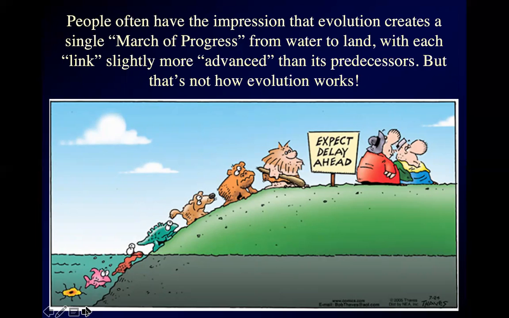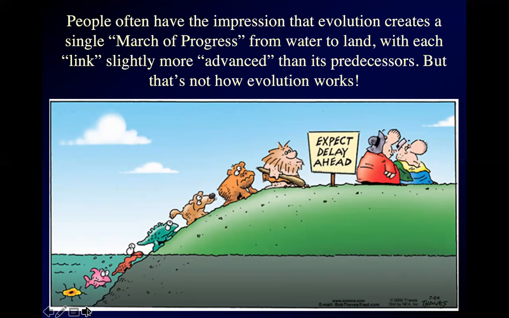So here on the left, you've got some little blob in the water, and then there's a fish, and then after that, the fish crawls on land and evolves into a mammal, which evolves into a gorilla, which evolves into a caveman, which evolves into a couple of guys. This is the mental picture that a lot of people have, successive models replacing their predecessors. What you've got to understand is that evolution doesn't work this way.